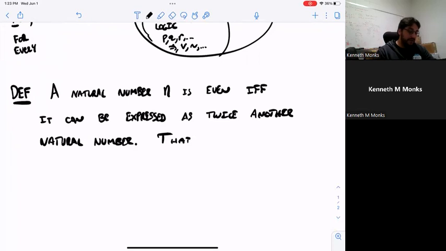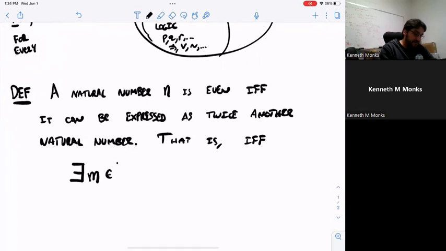Right? So I can say that n is even if and only if there exists an m in the natural numbers such that n equals 2 times m.